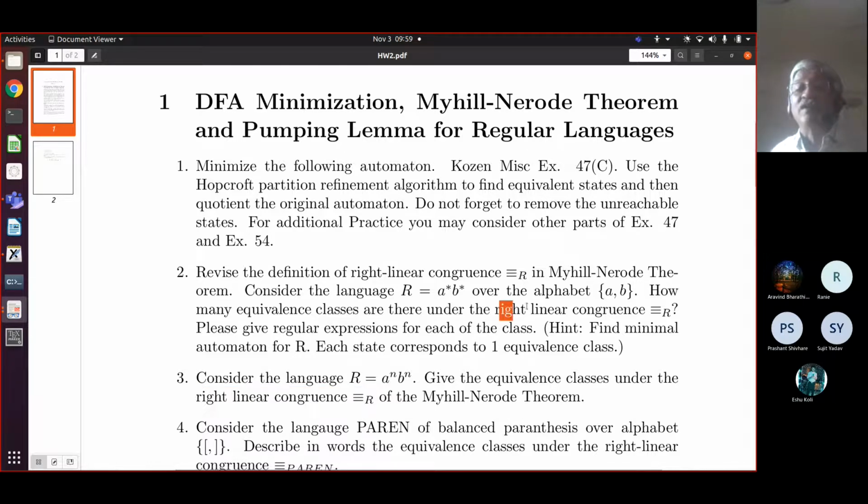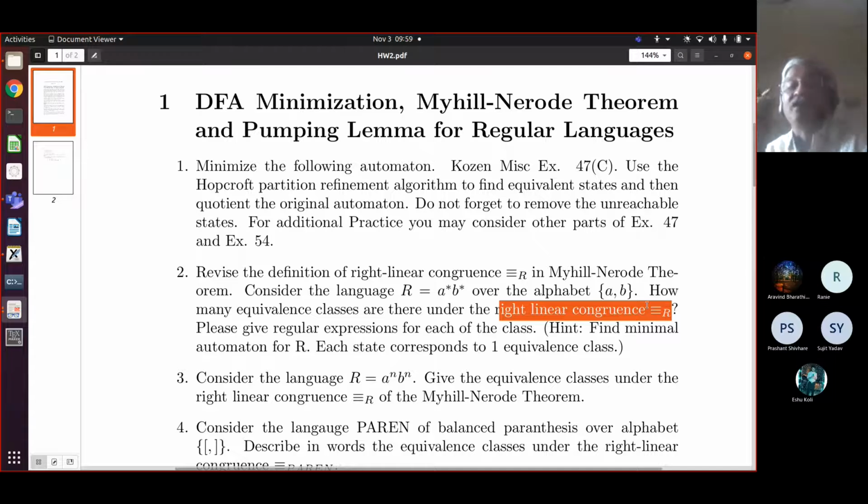I'm sorry, I used this right linear congruence here. Right linear congruence means the same as language induced equivalence, and we calculated one for a raised to n, b raised to n today. In future, I will use language induced equivalence only, not right linear congruence, so please correct this terminology.